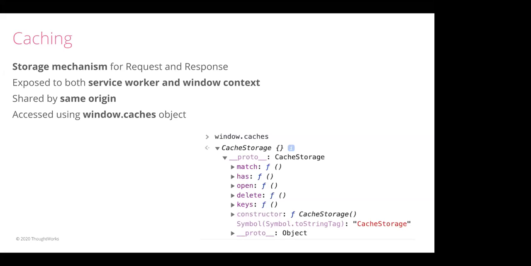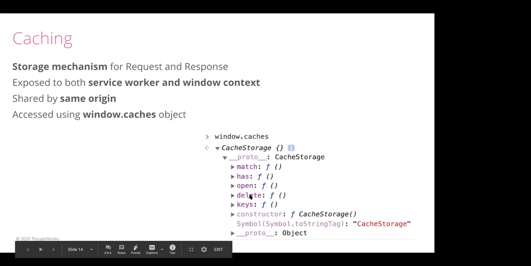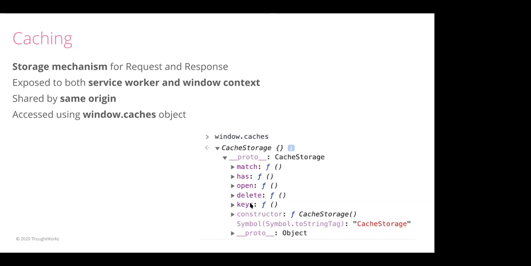However, if you are tweaking the origin or the scope of the service worker, you have to be careful with the caches, because you might have two separate caches on different URLs. You can access this object via window.caches, and it has some nice methods like open or keys, or you can also do CRUD on these caches.